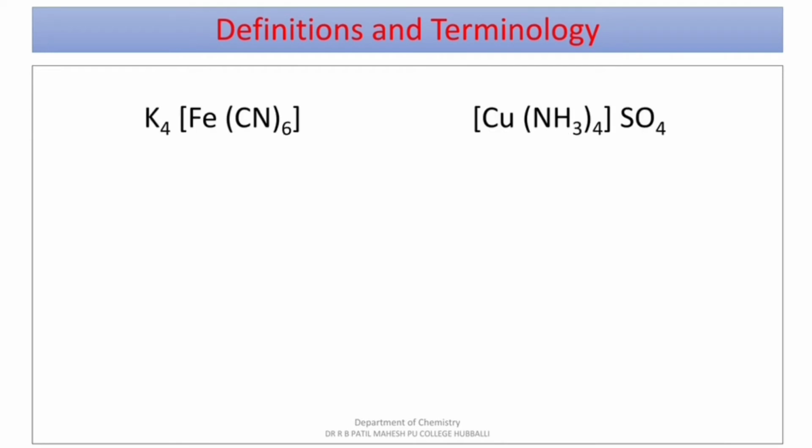Moving to the definitions and terminology, we take two examples here, K4[Fe(CN)6] and [Cu(NH3)4]SO4. In the first case, K4[Fe(CN)6], there is a formation of simple cation and complex anion. In the second case, [Cu(NH3)4]SO4, complex cation formation along with simple anion SO4 2-. The first one, central metal atom or ion.